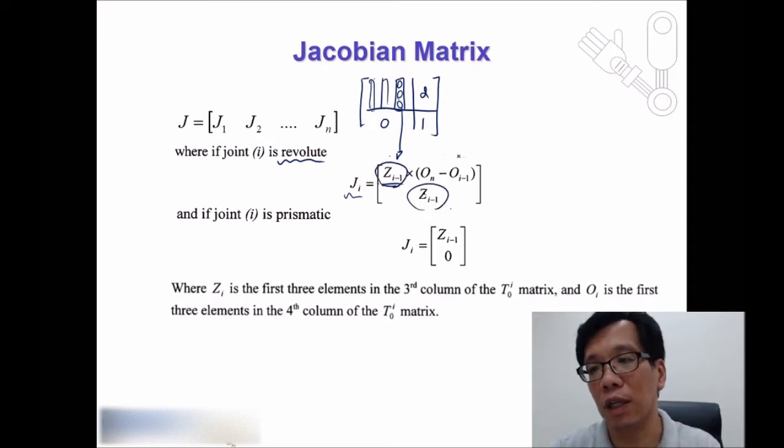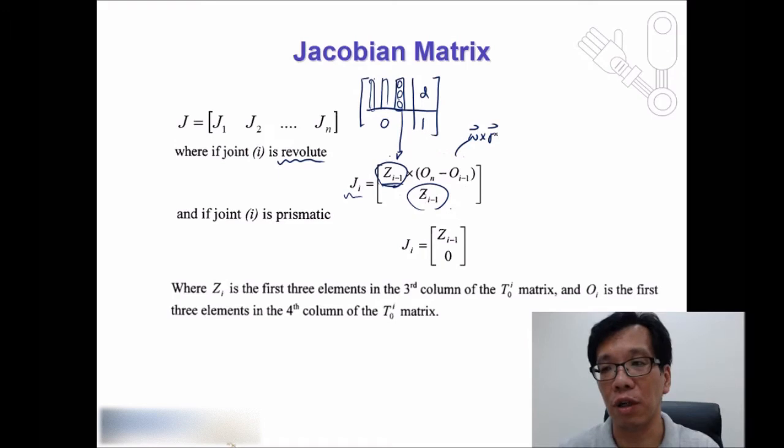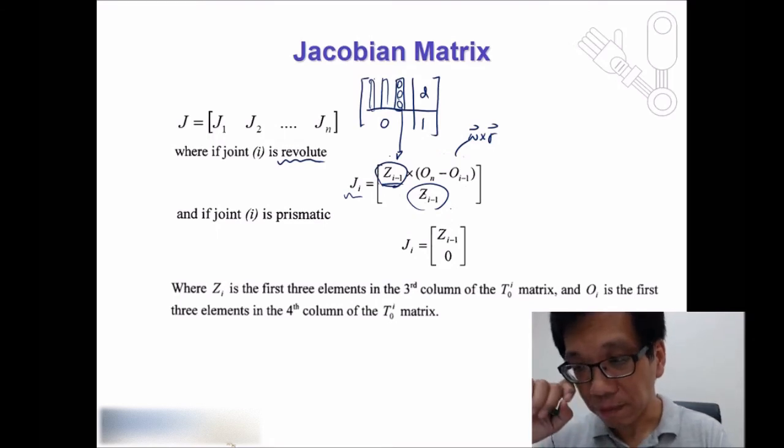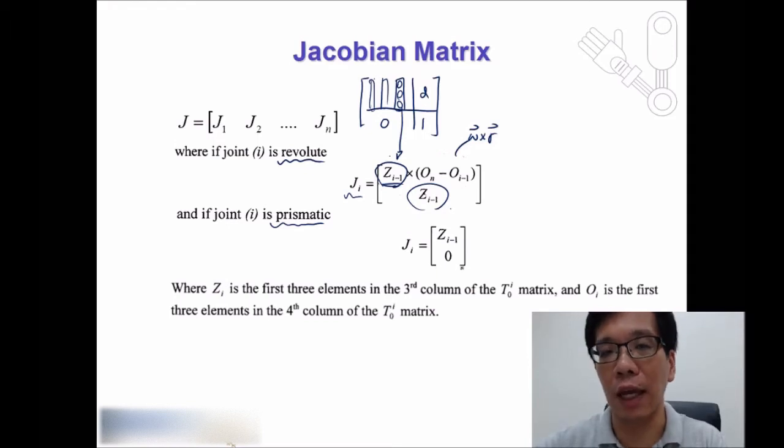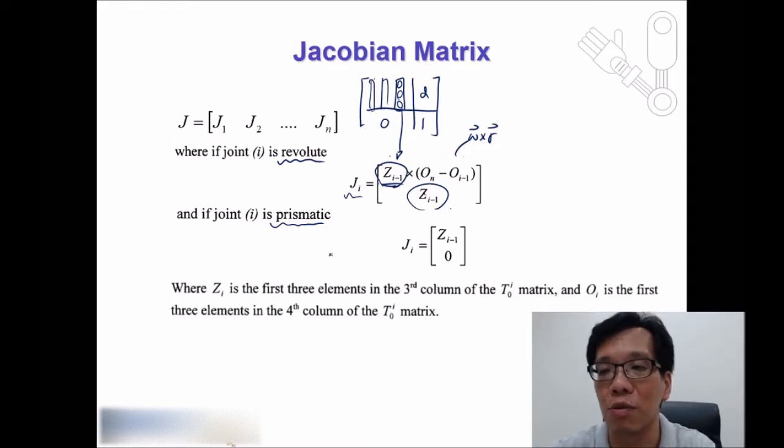And this one over here is used to obtain the change of position, which means its angular velocity and linear velocity. If you have a prismatic joint, then you don't need to worry about that, because the angular velocity is always 0, since this one can only perform linear movement.